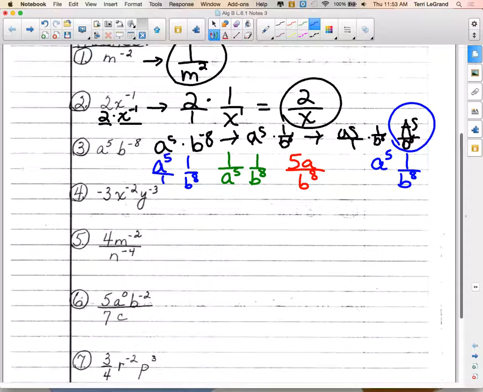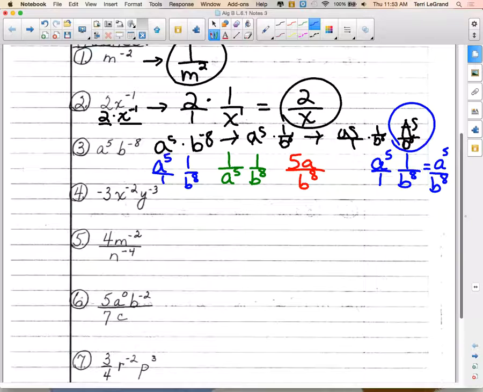So here, if this is your answer, we actually need to just finish it. Maybe this was not ever over 1, but you could put it over 1, and a to the 5th times 1 is what? A to the 5th. And 1 times b to the 8th is b to the 8th. We just need to finish it. That's all. So you get the same answer.